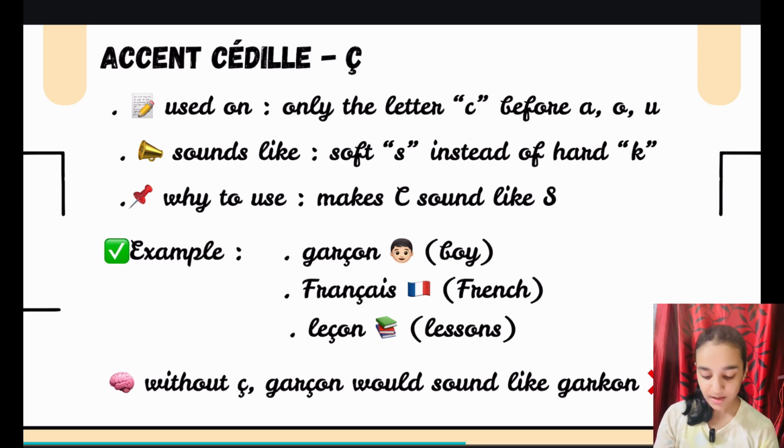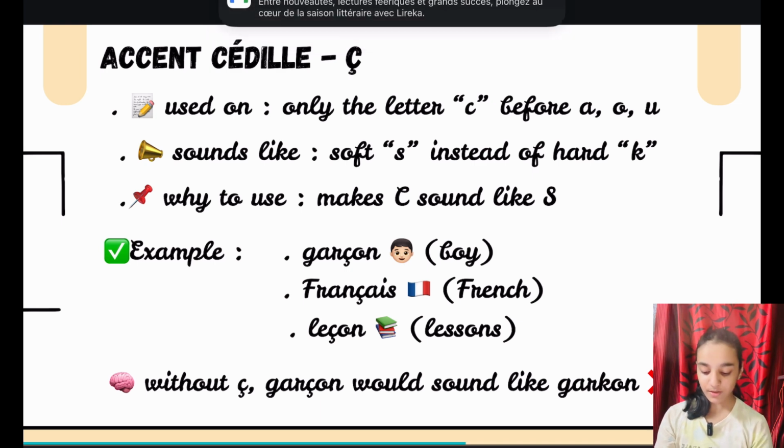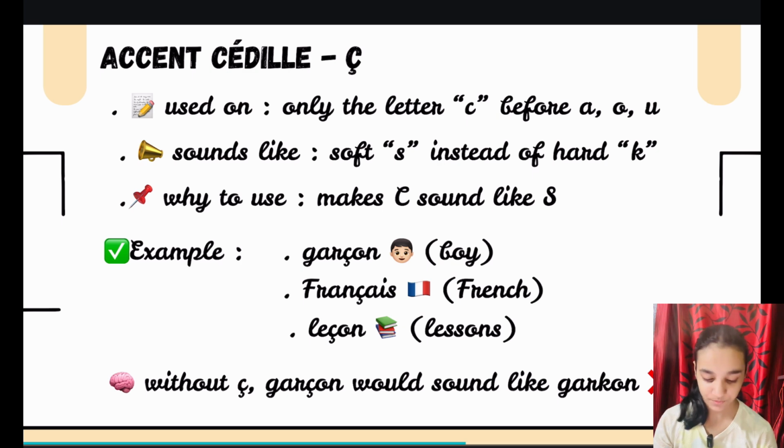As you can see, the accent is placed under the C in the word garçon, as well as in français and leçon. Without the accent cédille, garçon would sound like garkon. So it is important to put the cédille in the word garçon, otherwise it will sound different.